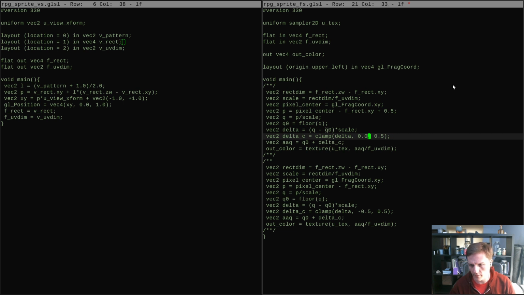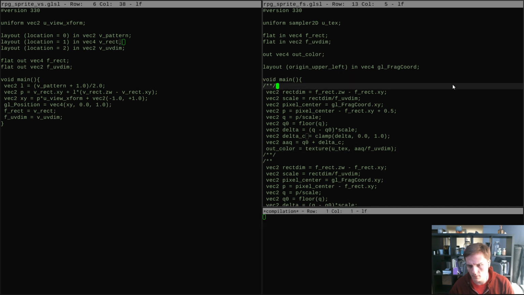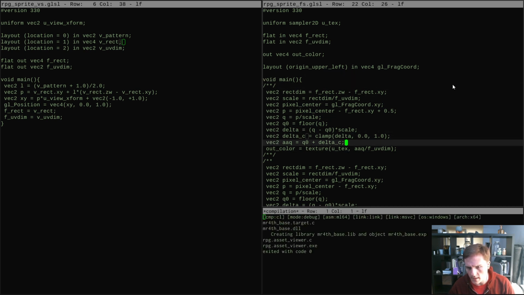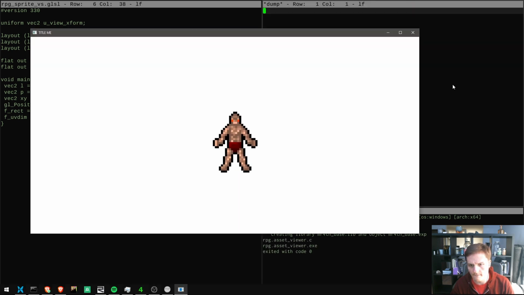This is a clamp from 0 to 1. And then we subtract that 0.5 at the end. Okay, that's doing the right thing again.